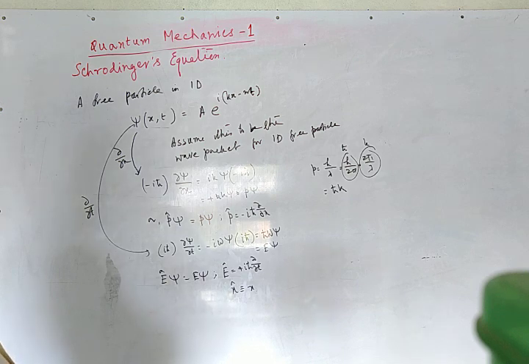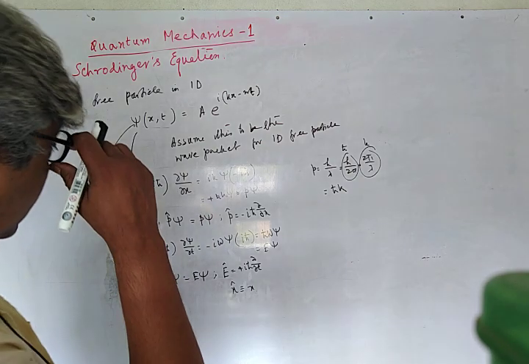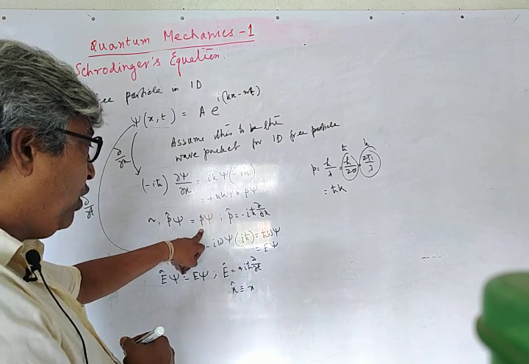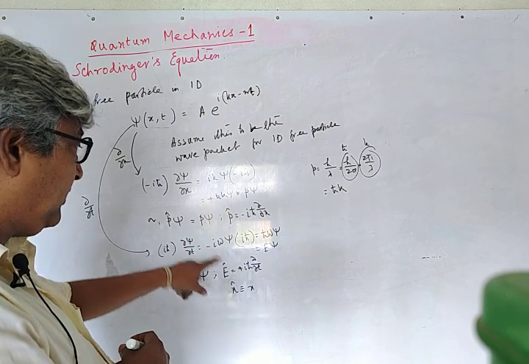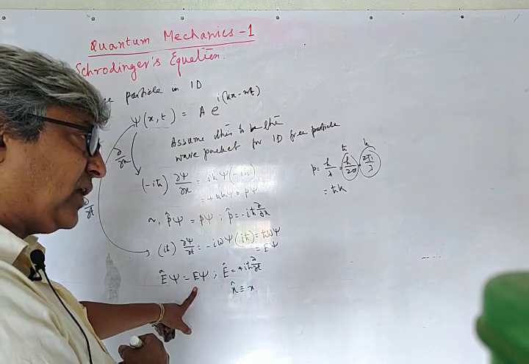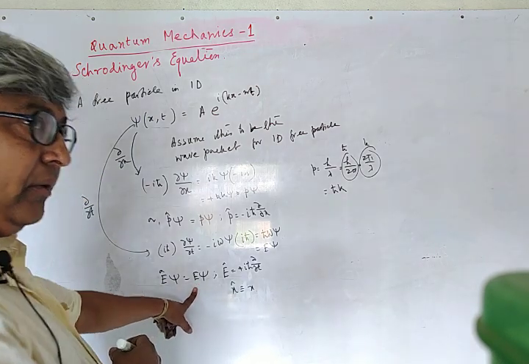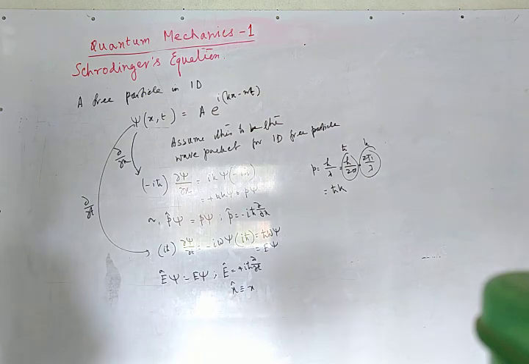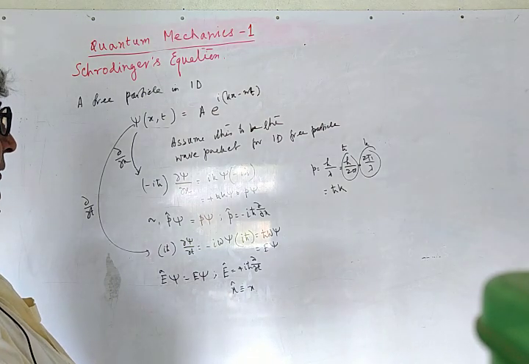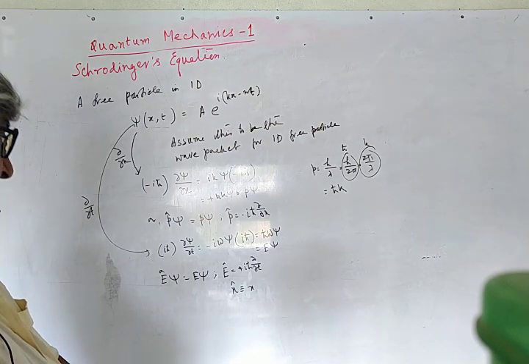But the operators should satisfy certain conditions. What are the conditions? If you look at this expression, this is the operator and this is the momentum that we generally obtain experimentally, and similarly this is the energy that we obtain experimentally, because any development of quantum theory must be considered from the experimental point of view.